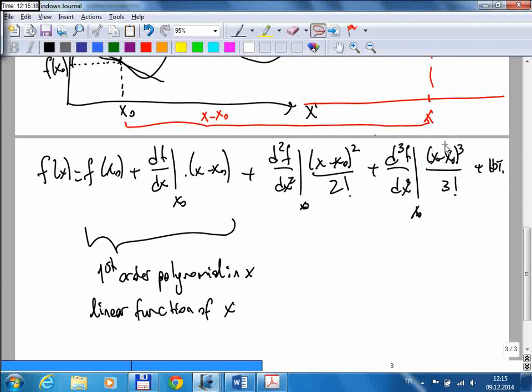So if let's say x minus x0 is 10 to the power minus 1, 0.1, then its square will be 10 to the power minus 2. This will be 10 to the power minus 3. That means whatever these constant numbers are, their contribution will be negligible if and only if x minus x0 is a small number. Okay?